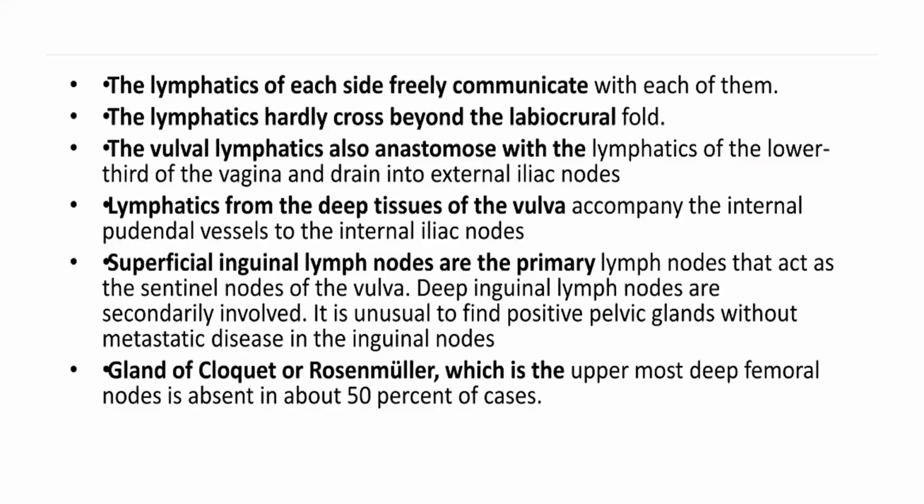Lymphatics from the deep tissues may also accompany the pudendal vessels, and pudendal vessels are coming from internal iliac. So it will also go to internal iliac. But superficial inguinal lymph nodes are the primary lymph nodes and they are the sentinel lymph nodes of vulva. What are sentinel nodes? The lymph nodes which drain first from the structure.